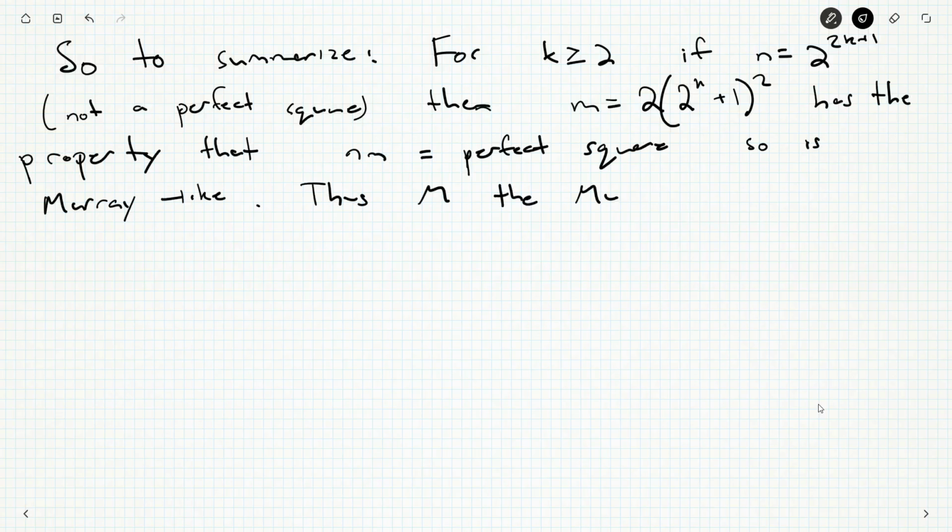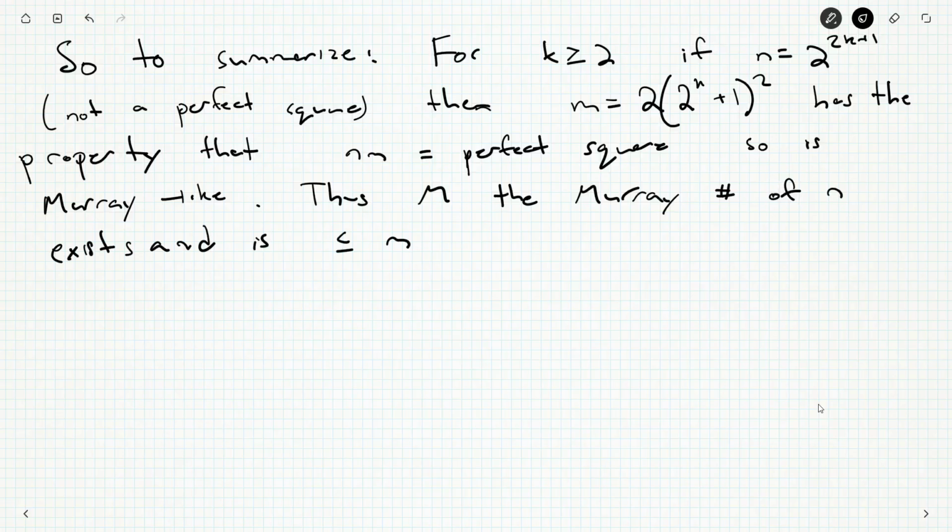So the Murray number of n exists and is less than or equal to m, because at very least little m itself has to be the Murray number if no other smaller one exists. So the capital M exists and must be less than or equal to m.